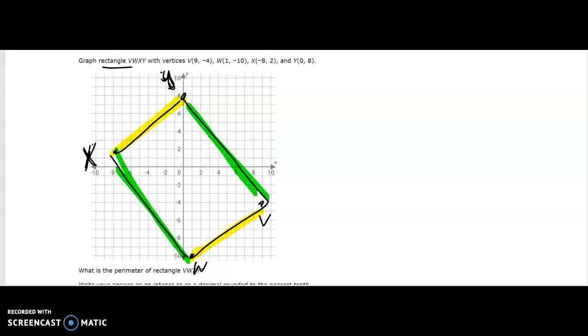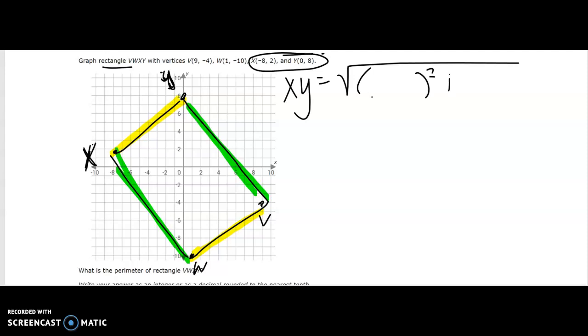So let's say XY distance, the square root, something squared plus something squared. So x2, 0, minus x1, which would be negative 8, so it would be plus 8. y2 is 8 minus y1 is 2. 0 plus 8 is 8.